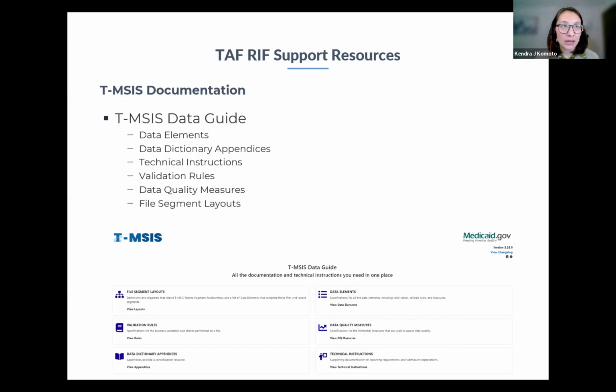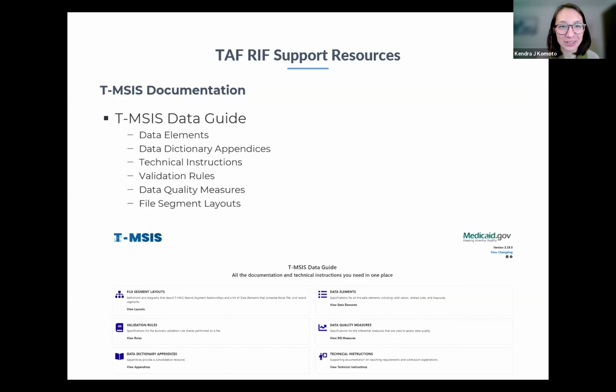So T-MSIS data guides are used to help states map their own state system data to T-MSIS. And I ranked what's the most helpful for researchers. So there are data elements with specifications where they're listing valid values, related rules, measures with the variable definition, code values, documentation. So the instructions that apply to the T-MSIS data will eventually become what you find in the TAF RIF. So this can be really helpful.